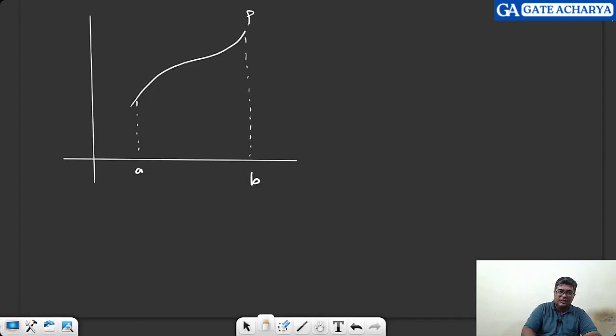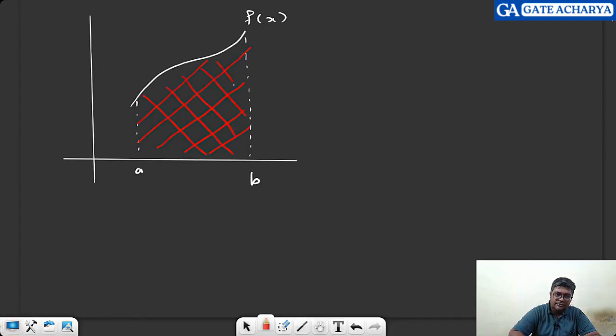If this is your function f of x, integration is this area. Let me shade it. If I shade this area, this is integration. The shaded red region is your integration. This is your f of x, that is the integration of f of x dx.